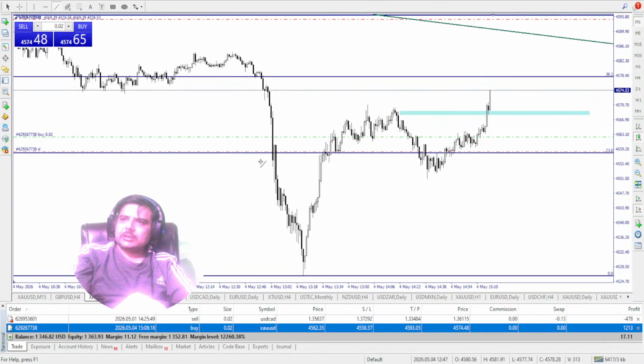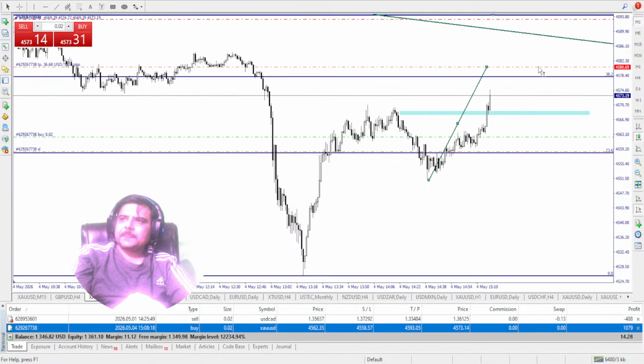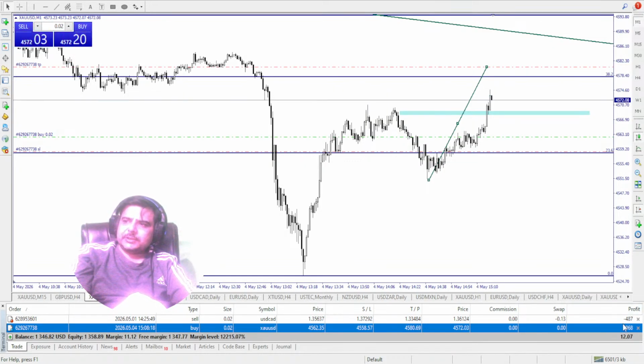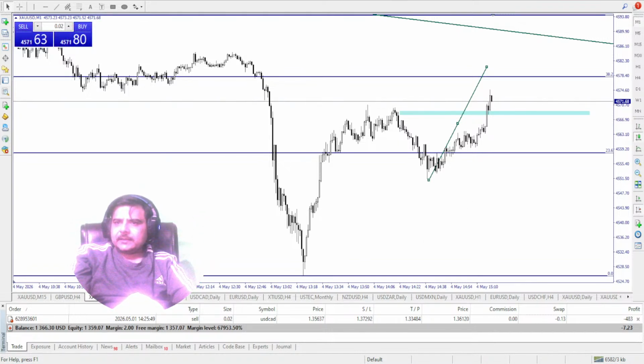But on the other hand, I have a valid ABCD pattern as well. And this ABCD pattern then confirms right here. So then I can assume that, okay, I booked 97 pips from the market and I'm happy with it. Okay. Okay, yes.